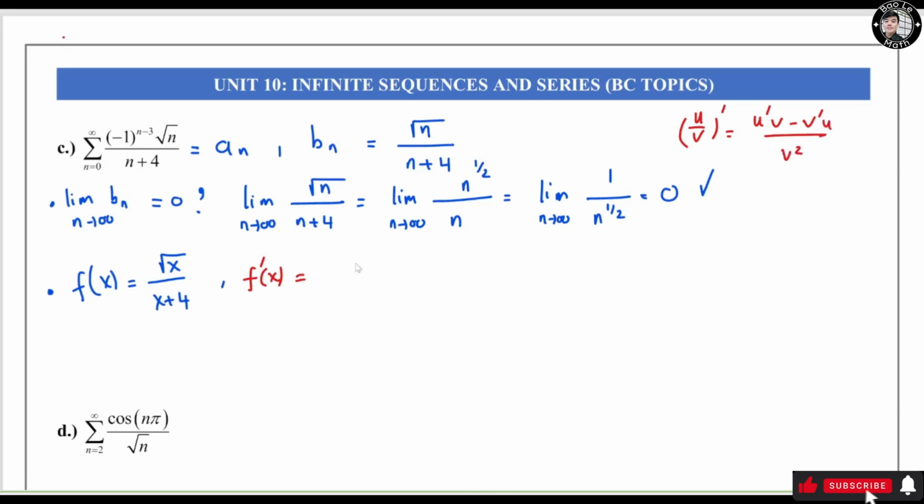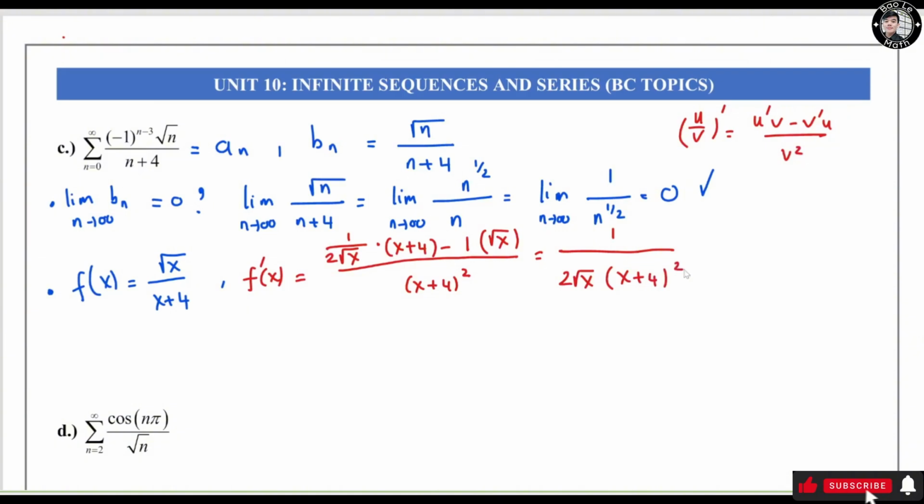So it's going to be 1 over 2 square root of s, times s plus 4, minus 1 times square root of s, over (s plus 4) altogether squared. So it's going to be 1 over 2 square root of s times (s plus 4) altogether squared. Now I can put 4 minus s on the top.